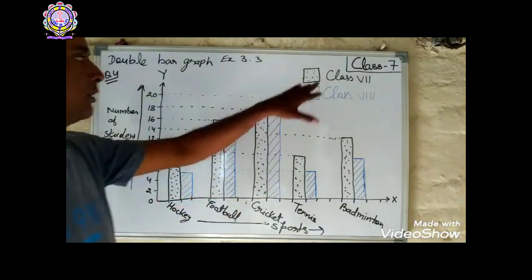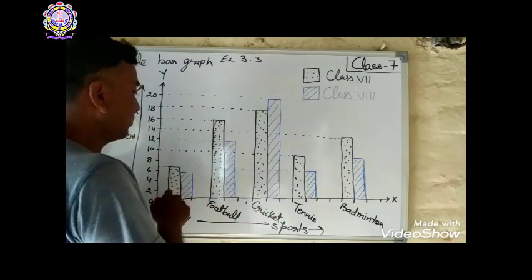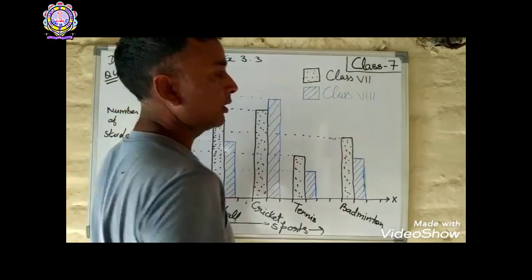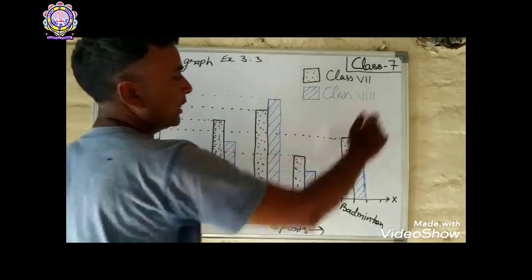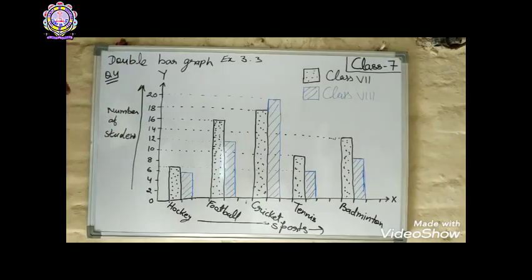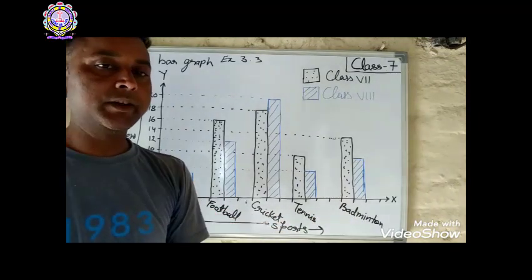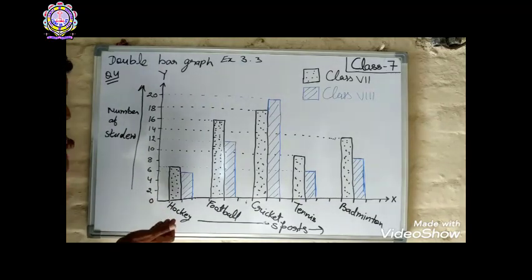And the scale. This symbol means that vertical bars show class 7th and blue colors like this show class 8th. Hockey, football, cricket, tennis and badminton are the sports, the events of sports. Here is the number of students. So you observe first, hockey.